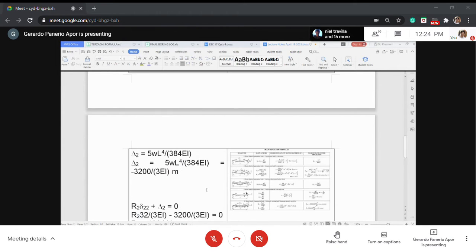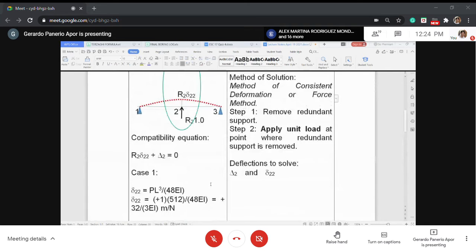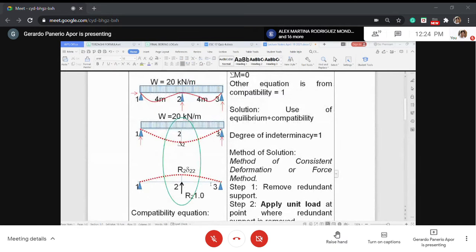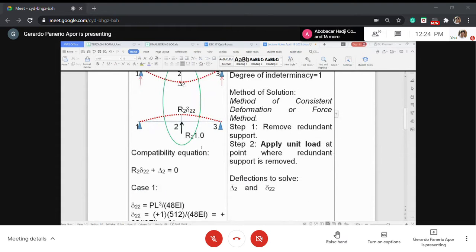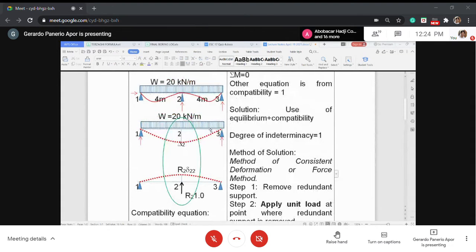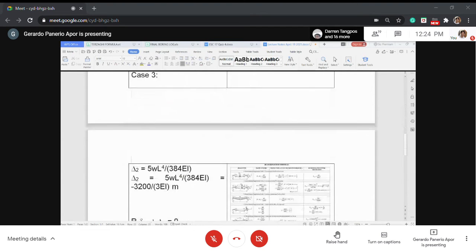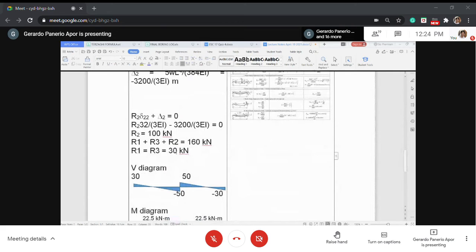But when you are using the consistent deformation or force method, in this example, since I remove the reaction as I take the middle support as redundant, the first thing that you will get is R2. Once you determine R2, you can solve for R3.